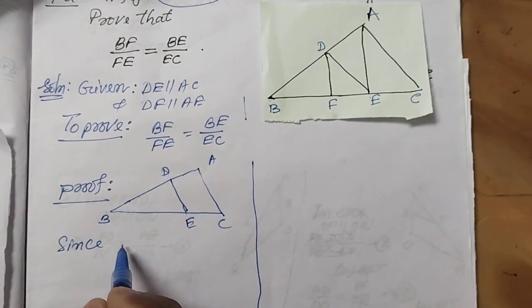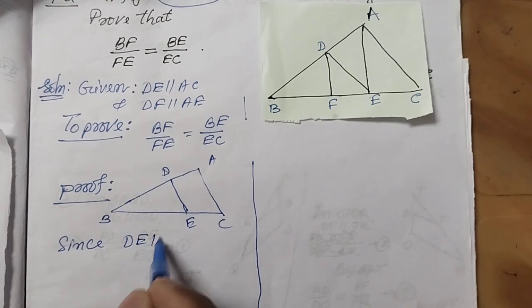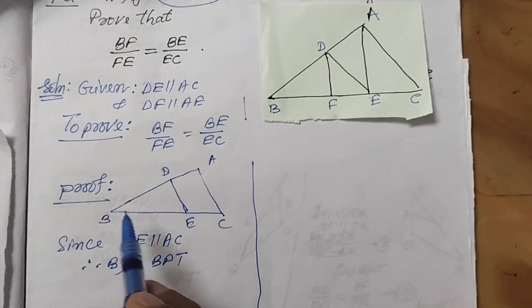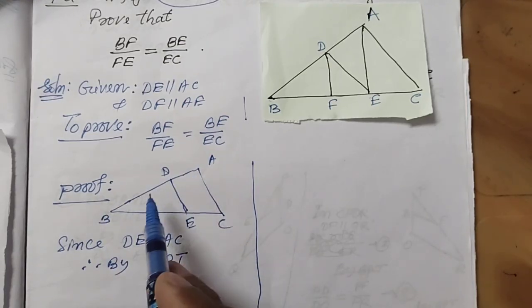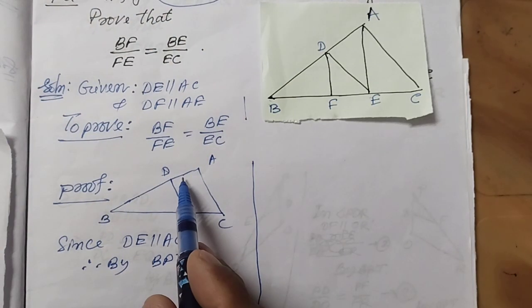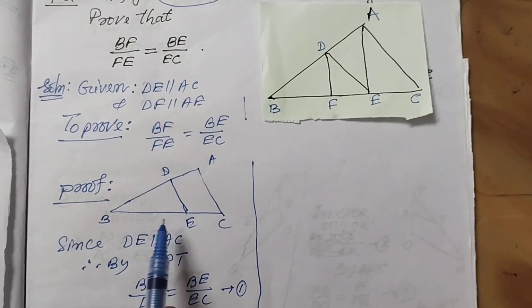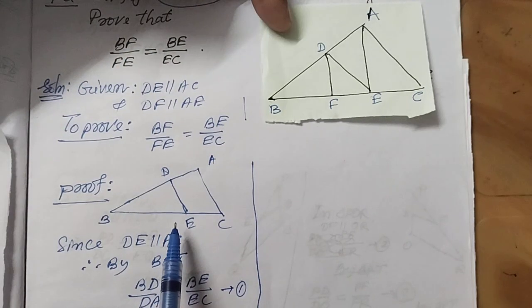Since DE parallel AC, therefore by BPT, upper by lower, BD by DA is equal to BE by EC. We can mark it equation 1 by BPT. Nothing to explain, we have discussed before.